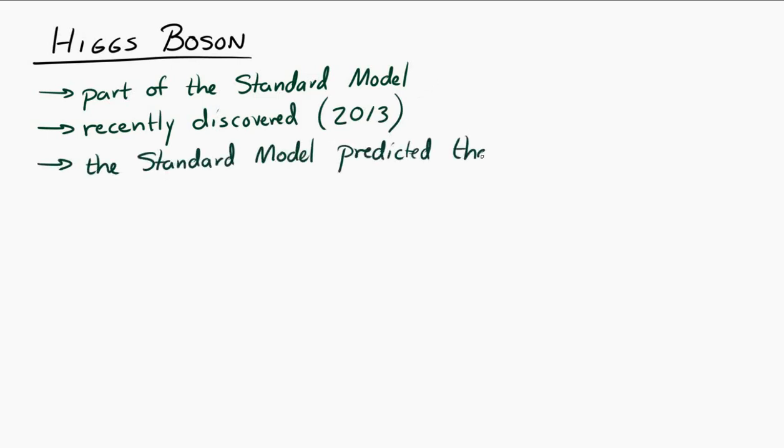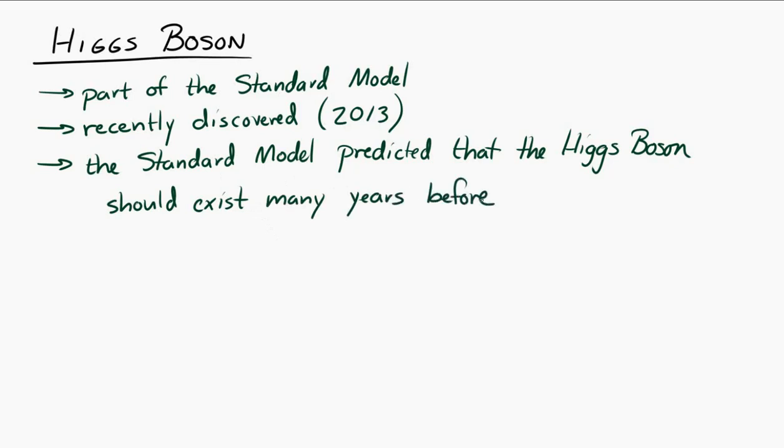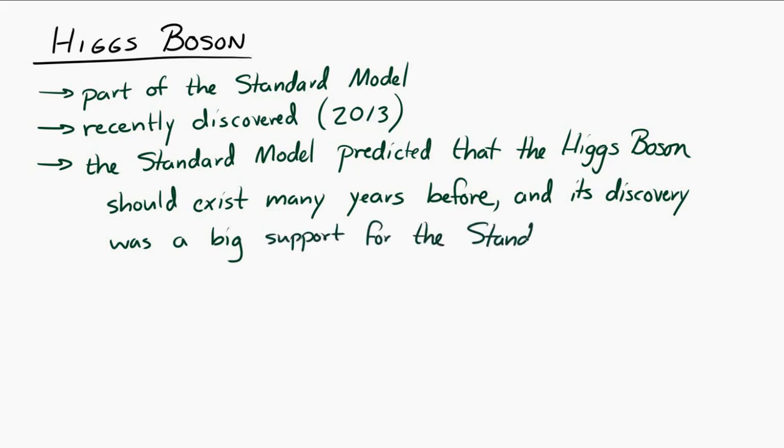So no one had observed the Higgs boson until 2013, but many, many years before, the Standard Model, if you look at it enough, predicts that the Higgs boson should exist. And so that was considered a big success of the Standard Model and a big piece of evidence for the Standard Model.